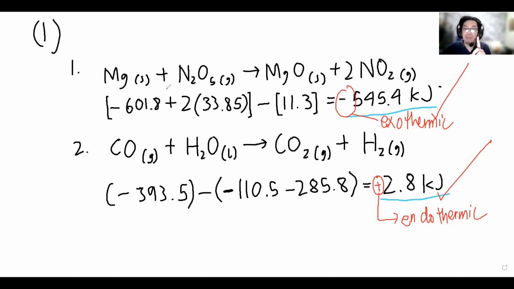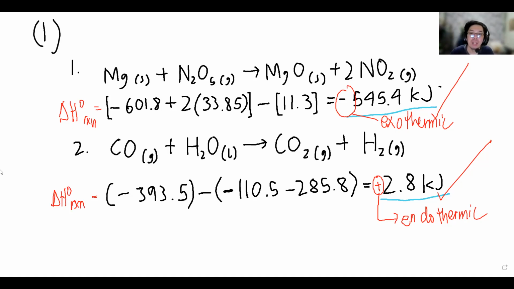This is only one way in getting the delta H net reaction. So, you can write here delta H net reaction so that you'll have a complete na equation. So, ang ina-emphasize ko lang dito, one way pala to get delta H net reaction is through the delta H net formation.